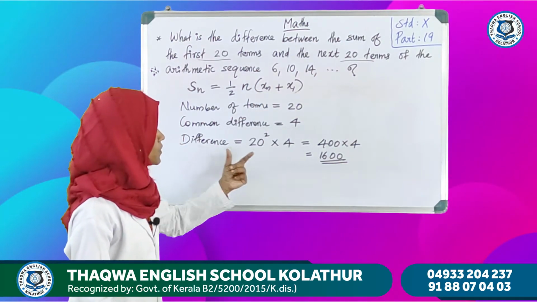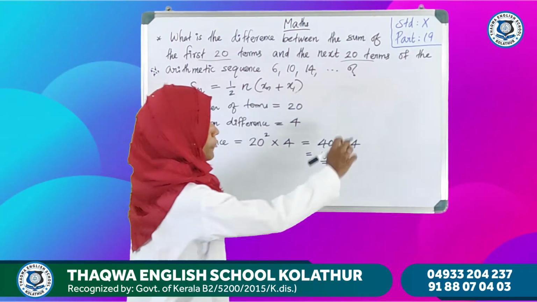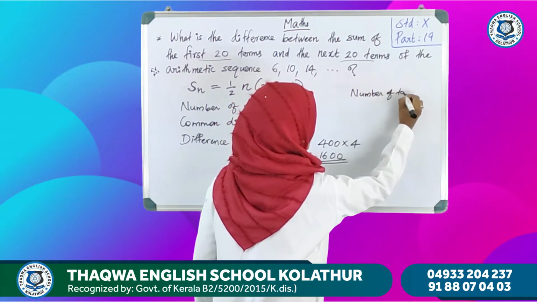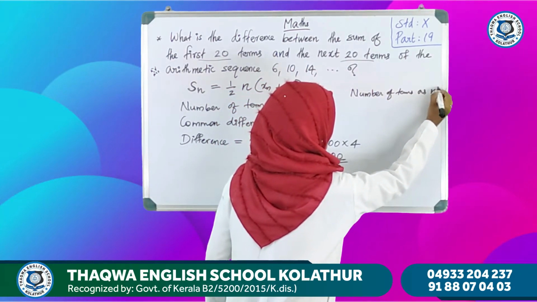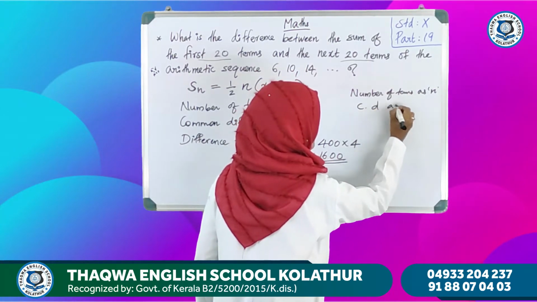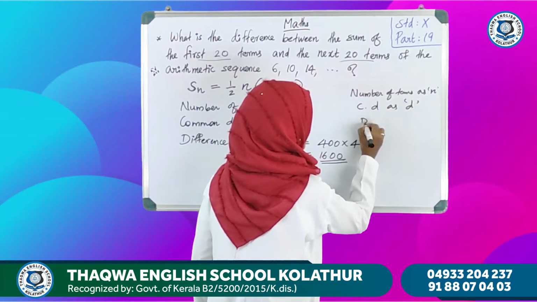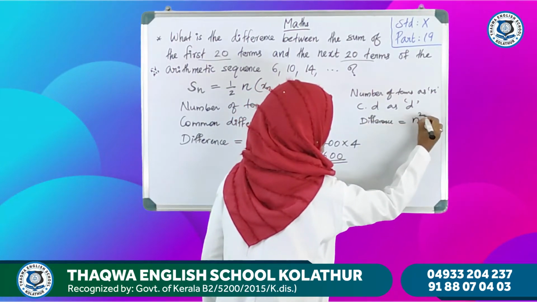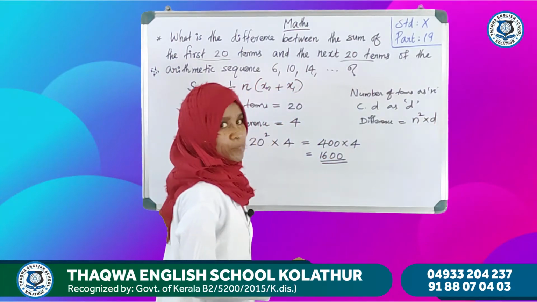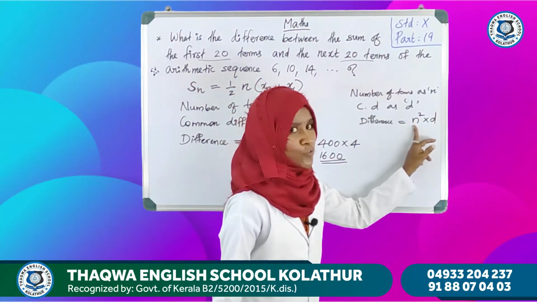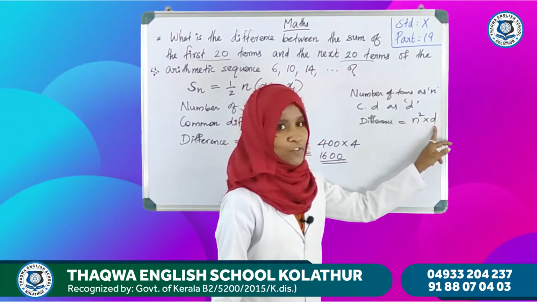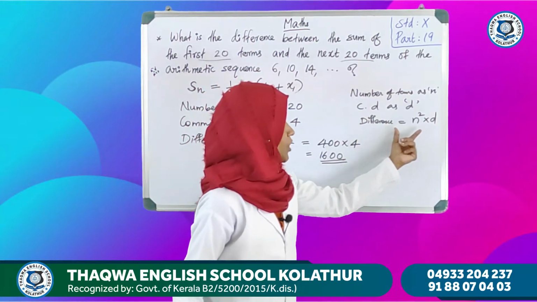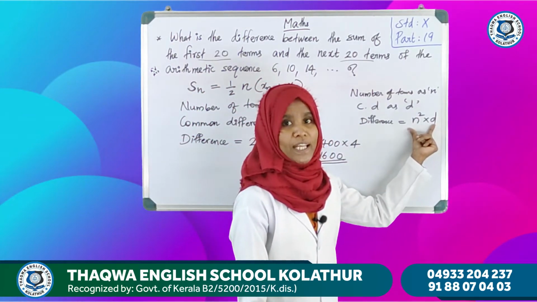Here we can use 20 square into 4, or if we take the number of terms as n and the common difference as d, then the difference is n square into d, the square of the number of terms into the common difference. So to find the difference between the sums, you have to use the equation n square into d.